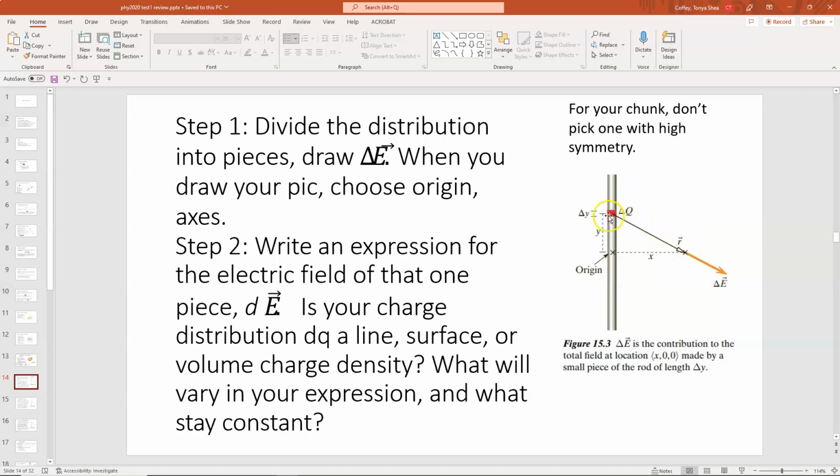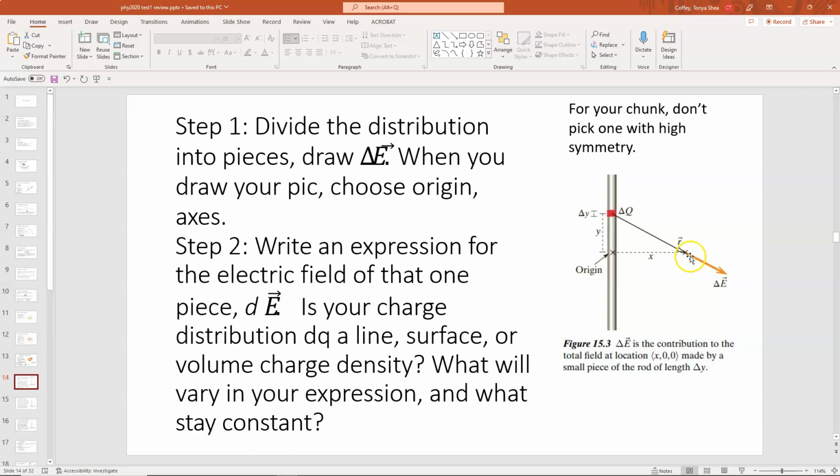Well, what you do is you draw a single chunk, and you want to pick a chunk that doesn't have a high degree of symmetry. So, for example, you wouldn't want to pick a chunk at the origin because that would be misleading, okay? So you pick a chunk up here that's off axis, and you call that your little delta Q.